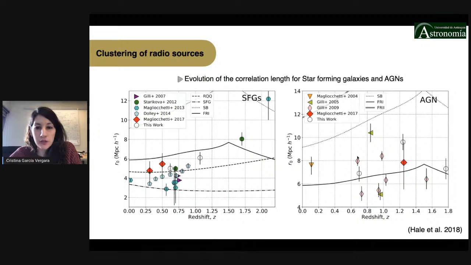But still, we have a lot of scatter between the different works. The error bars in the measurements are still important. Then we really need larger surveys to constrain better the clustering of radio sources. And in that sense, LOFAR and SKA that is coming will also make huge progress.